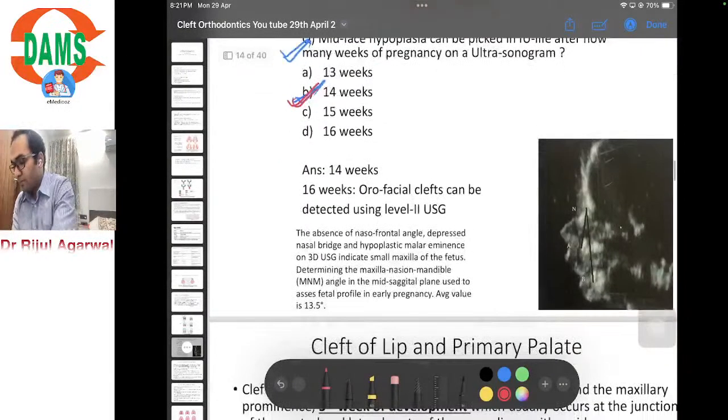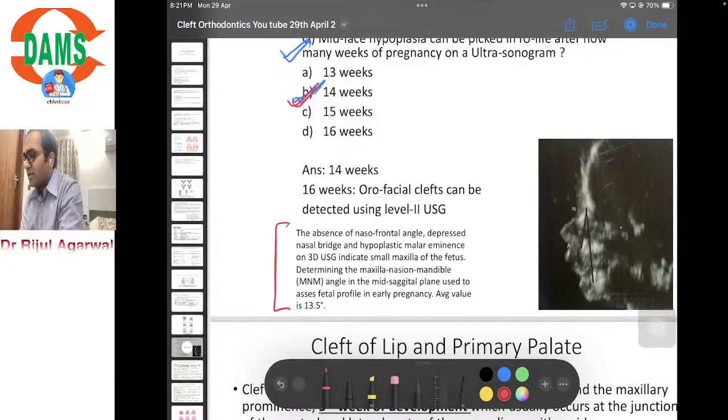What is diagnosed is an absence of the nasofrontal angle, a depressed nasal bridge, and a hypoplastic malar eminence on a 3-dimensional USG, which indicates that there is a small maxilla in the fetus. This is the angle between the maxilla, nasion and mandible, the MNM angle, and its average value is 13.5 degrees.